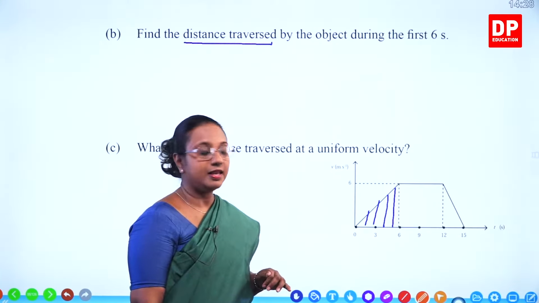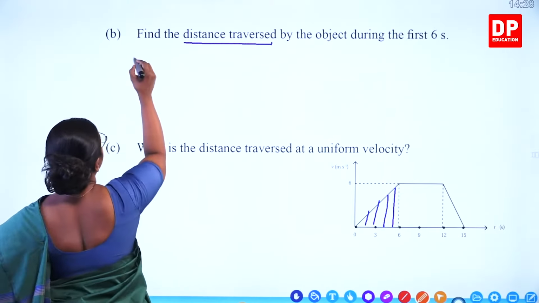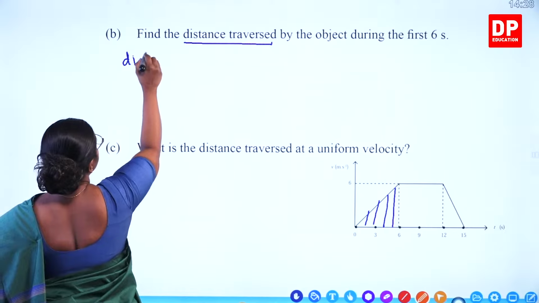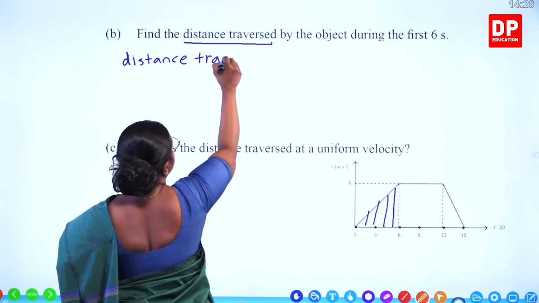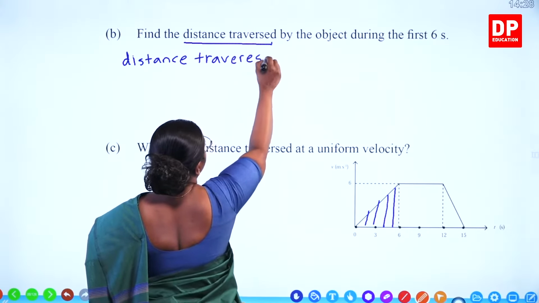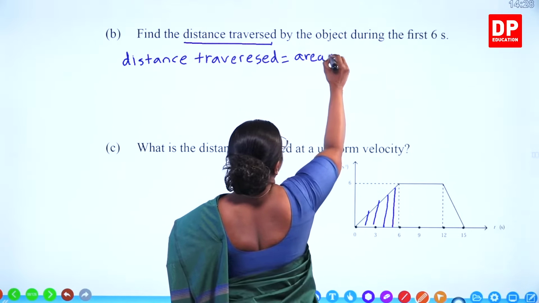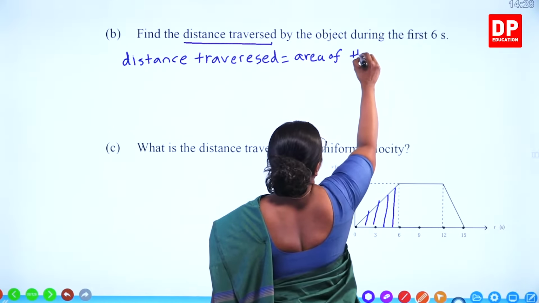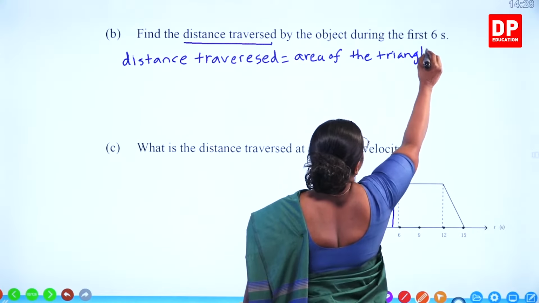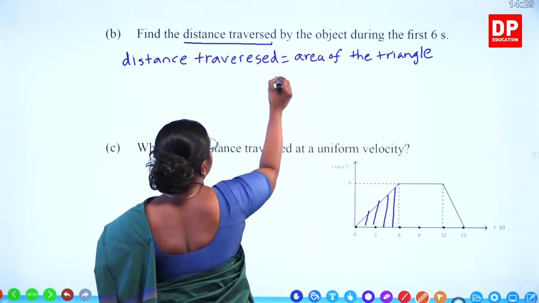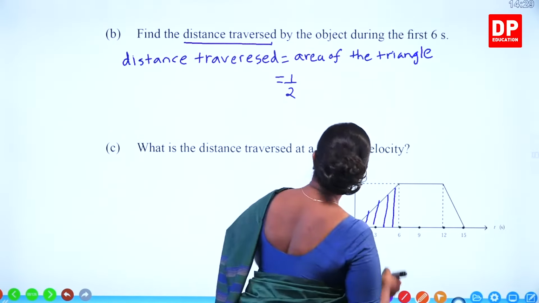So, if we find the area of the triangle, we can find the distance traversed. So, distance traversed is equal to area of the triangle, that is equal to half into base into height.